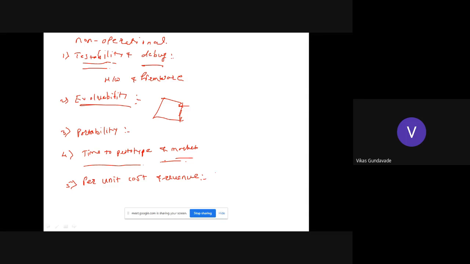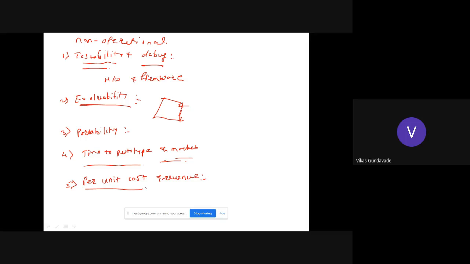To generate revenue, the product should be marketed faster and sell more as compared to the other ones. And for selling that product, the per unit cost of designing it should be less. Initially, when the vendor is designing the prototype, the per unit cost will be more.